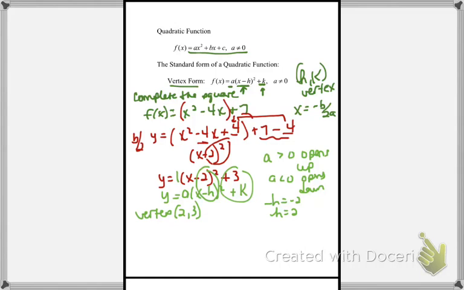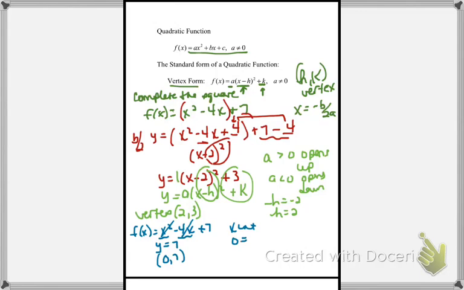From here, you could find your y-intercept. Go back to your original equation, and when x is 0, it wipes out these terms, so y is equal to 7. So here's your y-intercept. To find your x-intercept, set y equal to 0.